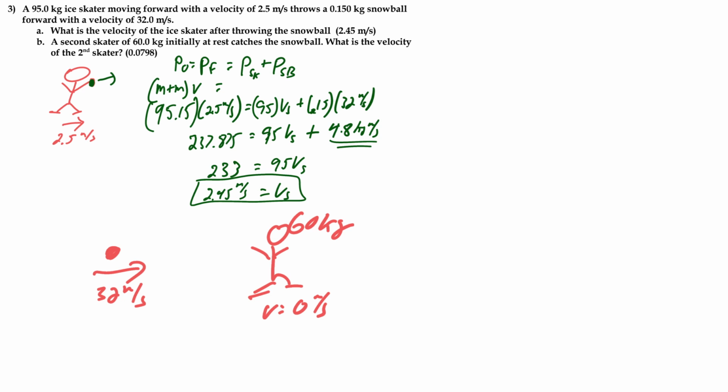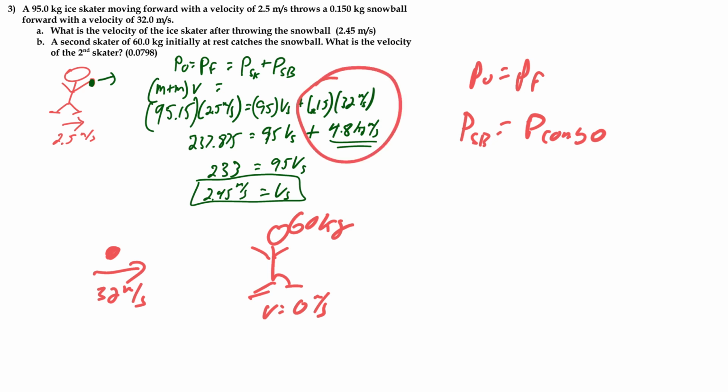Okay, so we'll use conservation of momentum. This time we only have the momentum of the snowball. Then afterwards we have the momentum of the combination. Okay, so we actually know the momentum of the snowball. So if you allow me, we'll just plug that in here. That was 4.8. And then the combination, so the new skater is catching the ball.